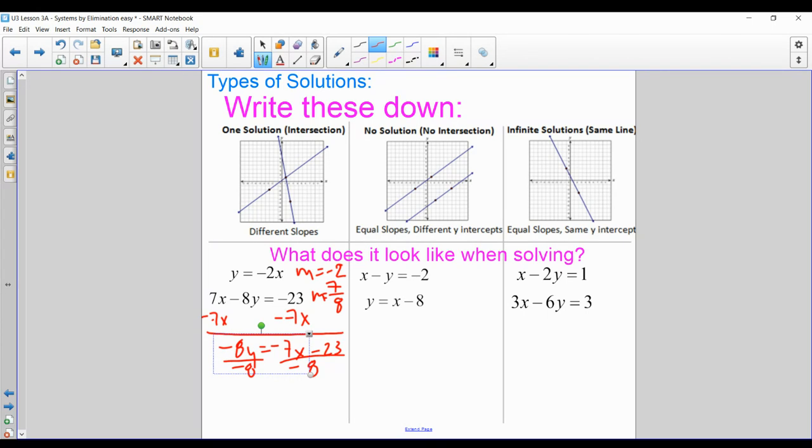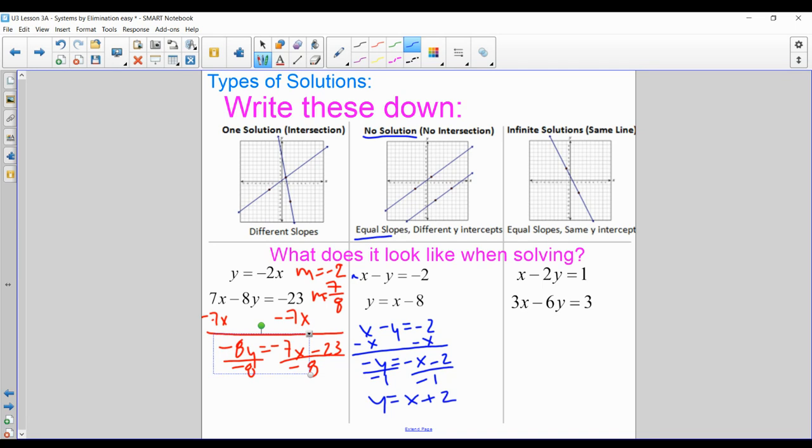If I have no solution, that's when I have the same slope, but different y-intercepts. So if I take this first one and solve it, x minus y equals -2, move the x, get -y equals -x minus 2, divide by -1, get y equals x plus 2.